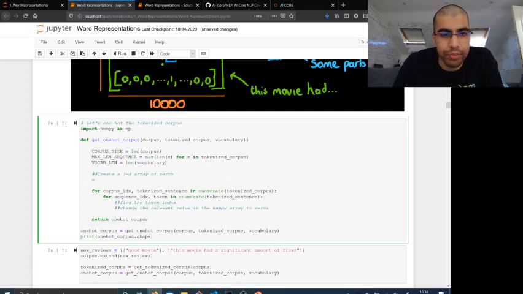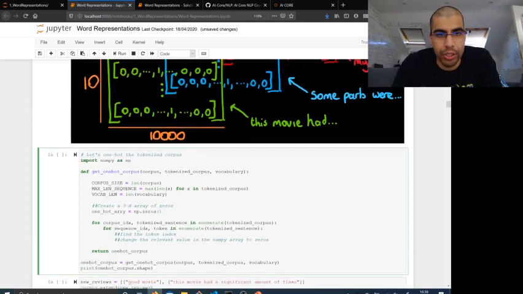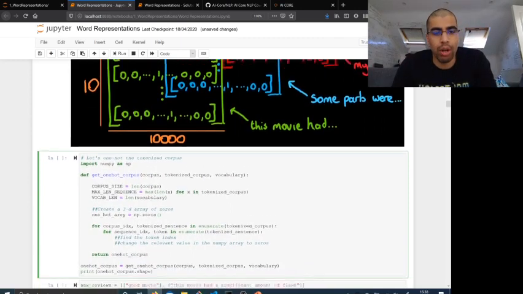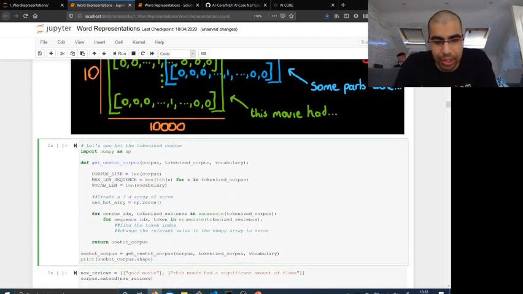Okay, so one hot array equals np.zeros, and the shape is going to be 3 times 10 times 10,000, or we should really be doing it using variables. So corpus size, max len sequence, vocab len.